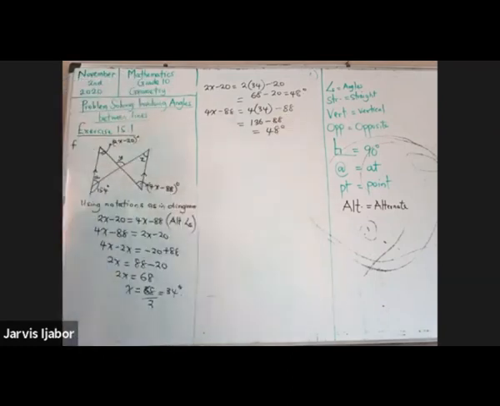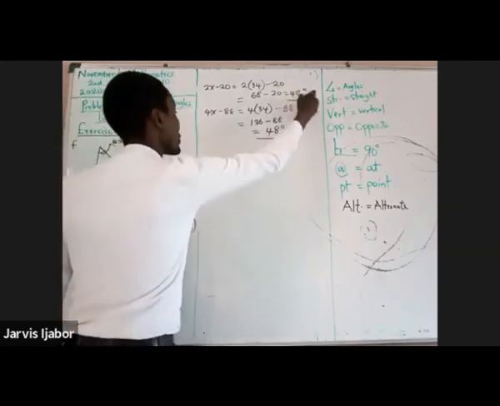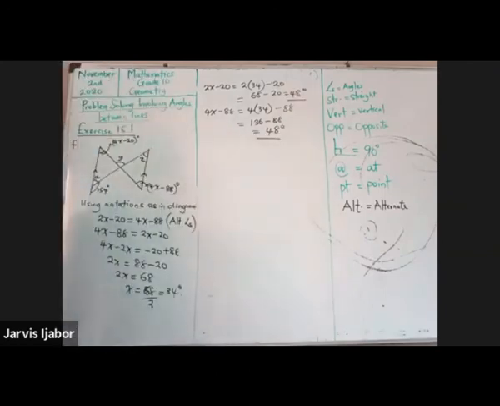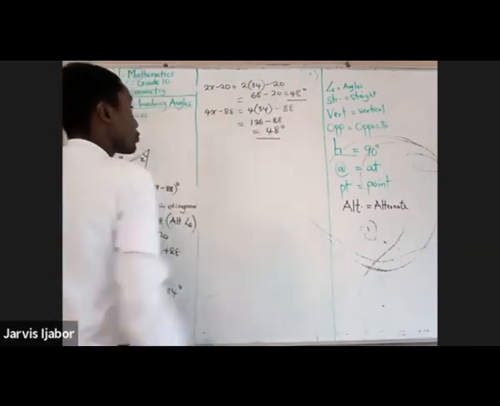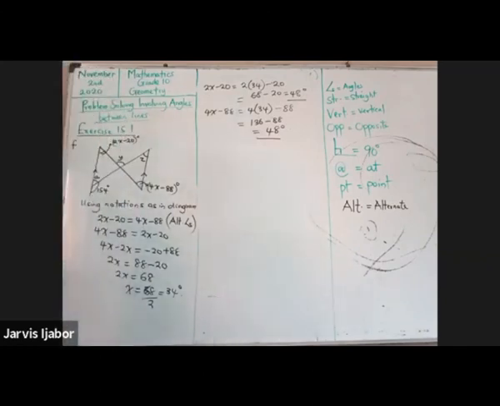So you may want to check to be sure that what I have done is correct. All right, so that's correct. So these are the angles we are concerned with. Both of them are equal. In fact, I should not even have bothered doing this because if these two angles are equal, then they both must be 48 degrees.